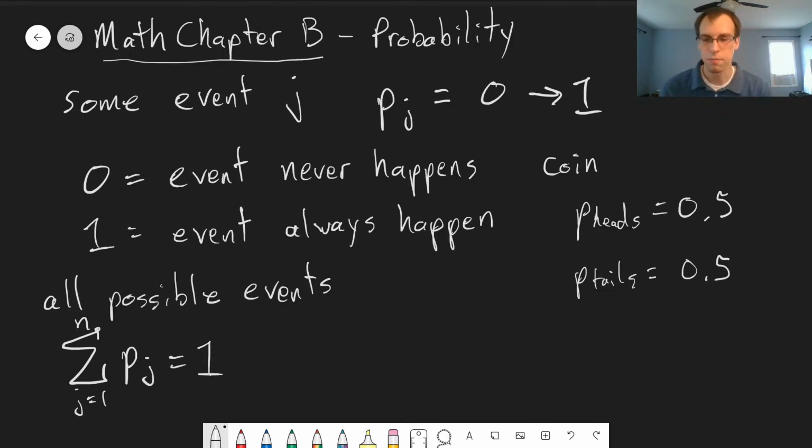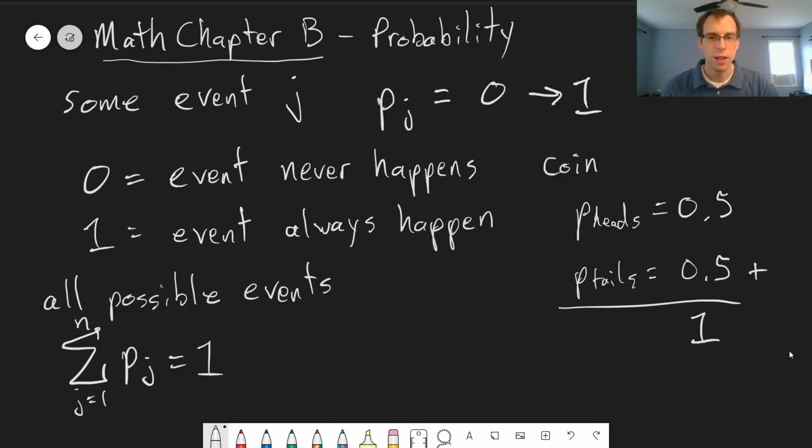This is just how we define probabilities. For example, with our heads plus our tails, we have to get either heads or tails, and so our total probability is 1, that we get one side of the coin or the other.